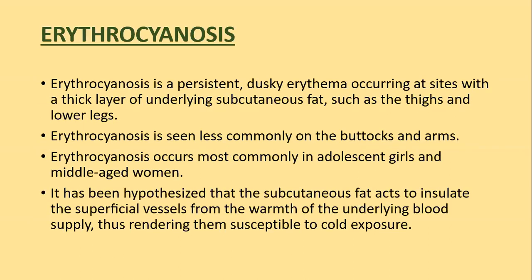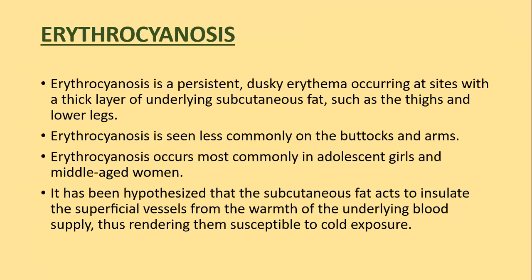Then the next disease we are going to cover is erythrocyanosis. This is a little different from acrocyanosis. Erythrocyanosis is persistent dusky erythema occurring at sites with thick layer of subcutaneous fat, such as thigh and lower leg. So this condition, unlike other cold-induced injuries, occurs particularly in those areas which are covered by thick fat layer.